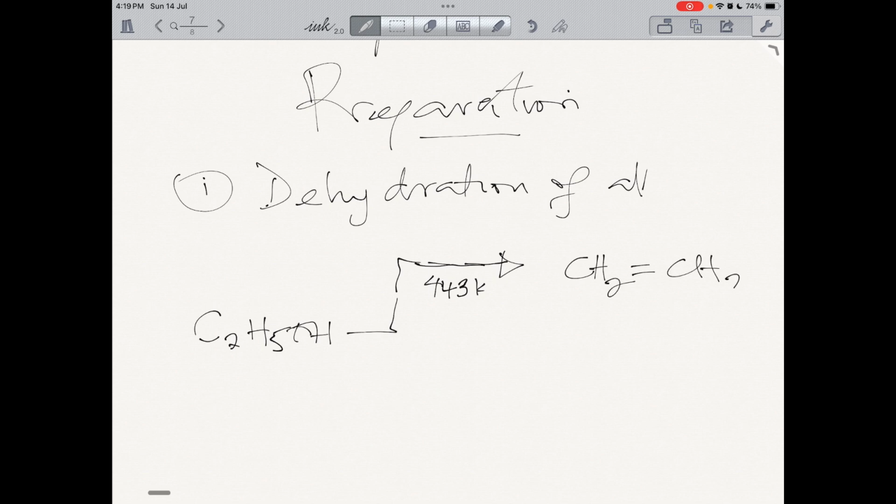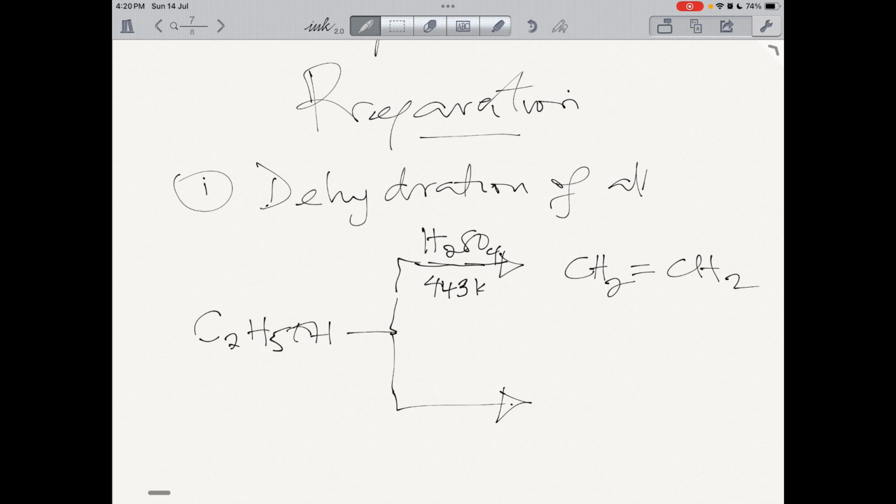That is, you get an alkene. That's what most people use this kind of reaction to do. Just dehydrate, remove OH and H, and you have an alkene there. And that is, of course, in the presence of concentrated H2SO4.